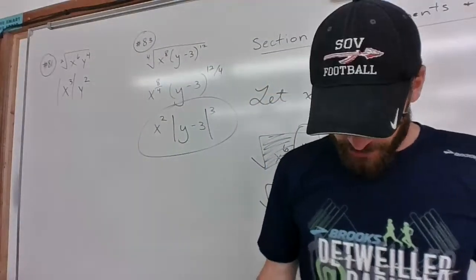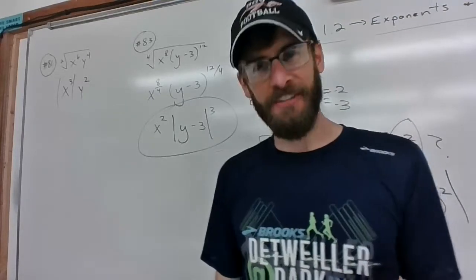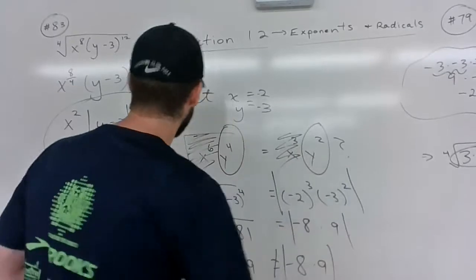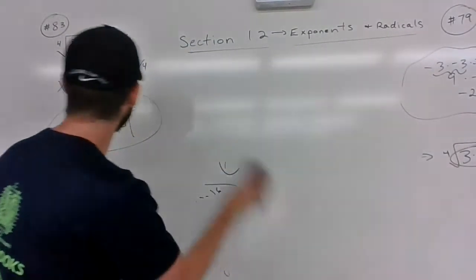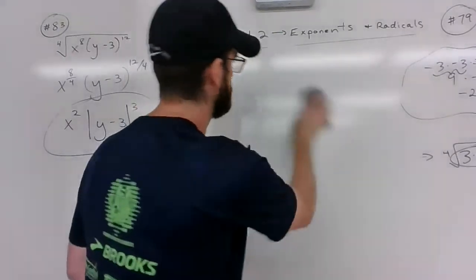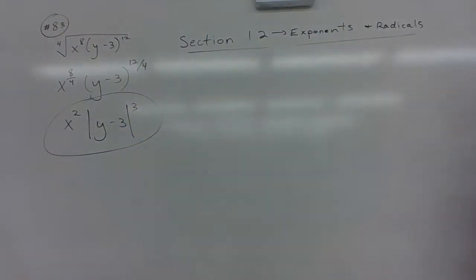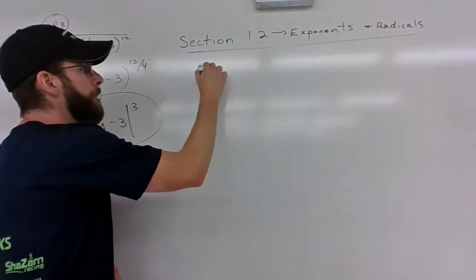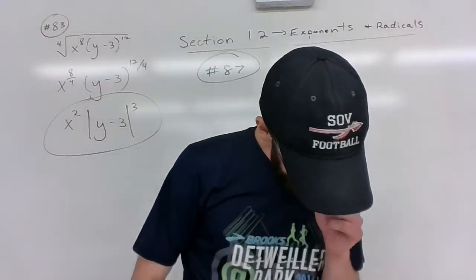All right, I'm going to try to squeeze in number 87 and 89, and then we keep it to 3 videos, and we got this thing. All right, the instructions on these two.